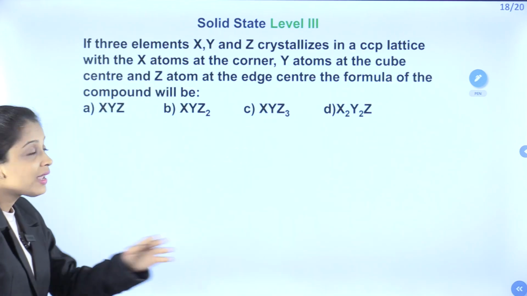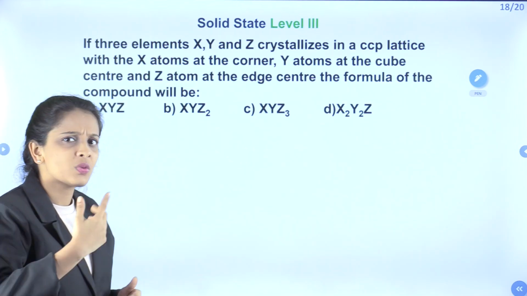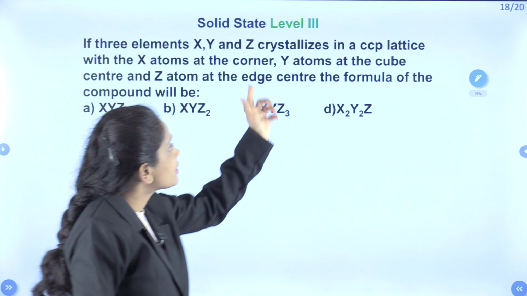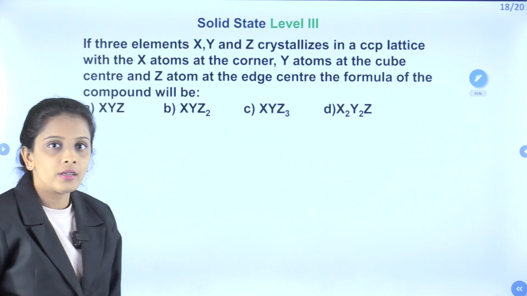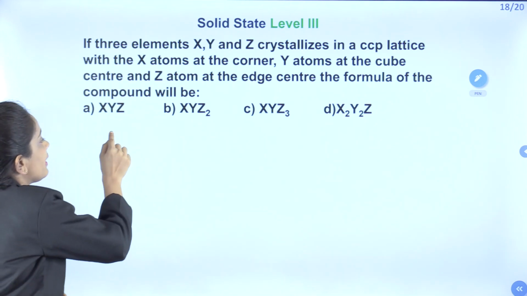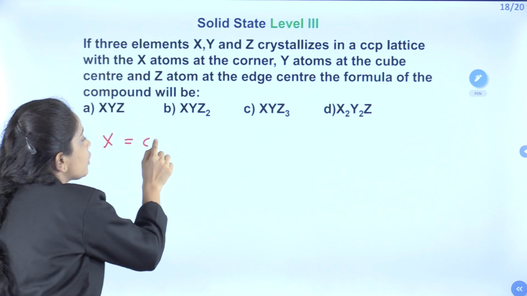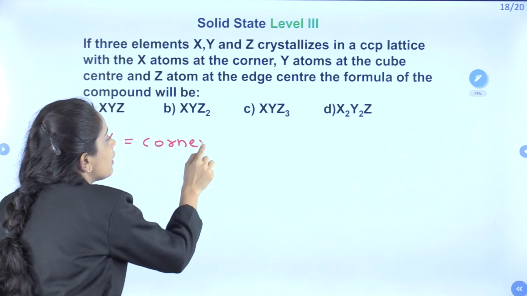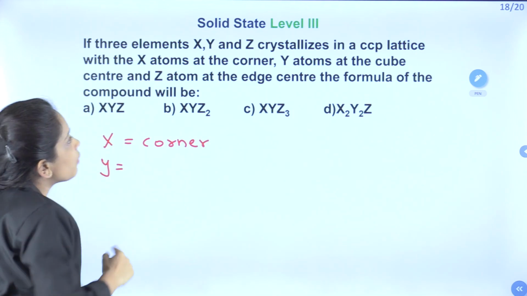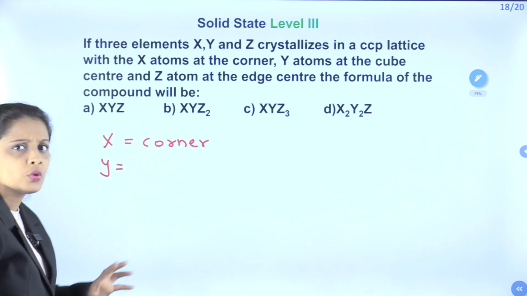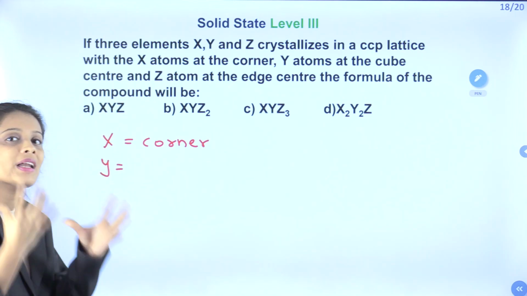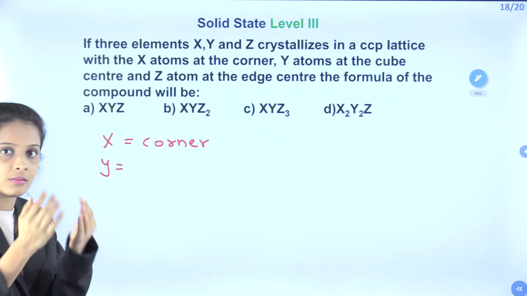Yes, student. Three elements are given to us, X, Y, Z, crystallizing in a CCP lattice with X atom at the corner. Remember, we have X atom at the corner and Y atoms at the cube center. Cube center means in the body center part.